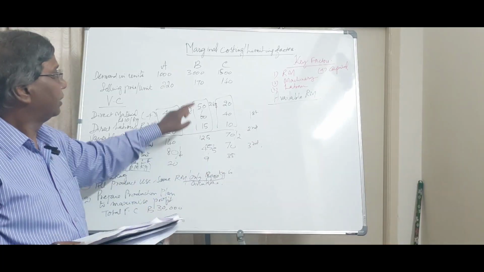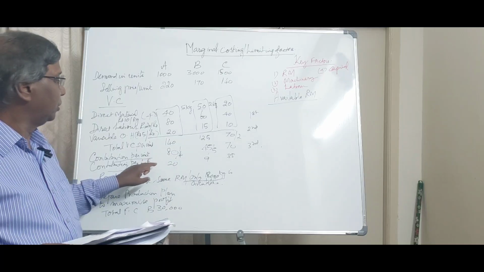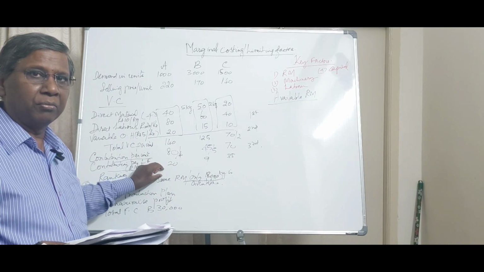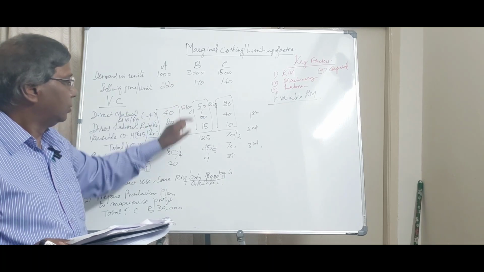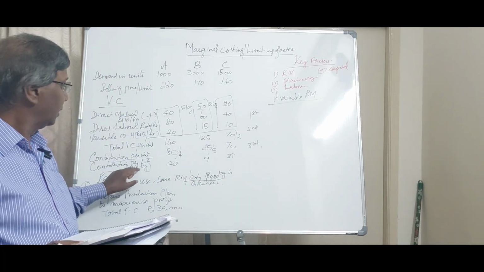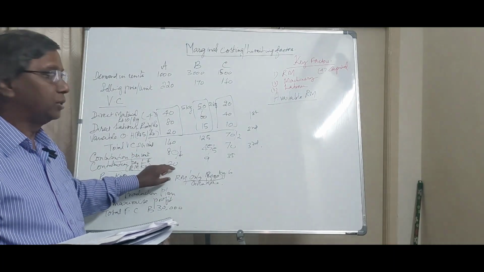For using 1 kg of raw material for producing B unit, you are getting contribution of 9. For using 1 kg of raw material, you are getting contribution of 20.